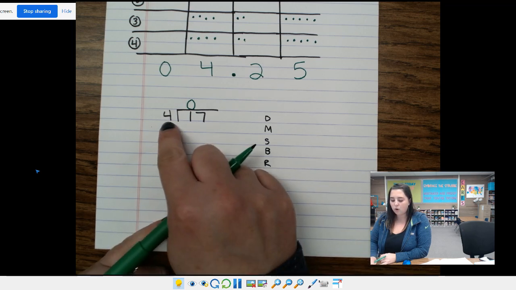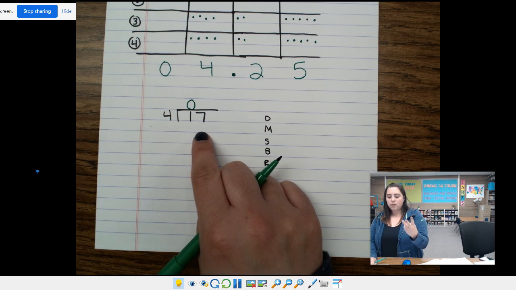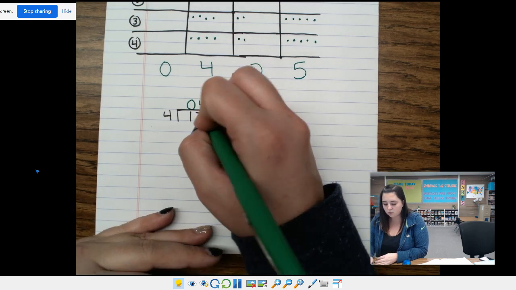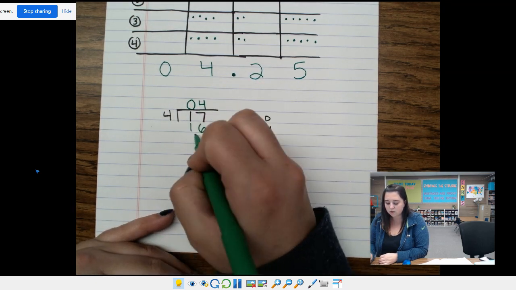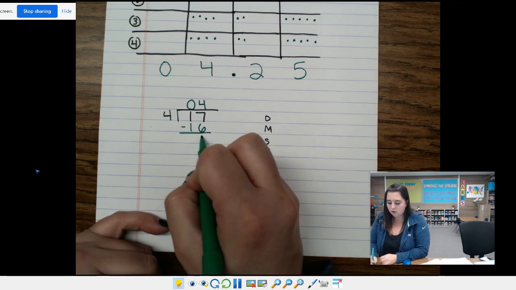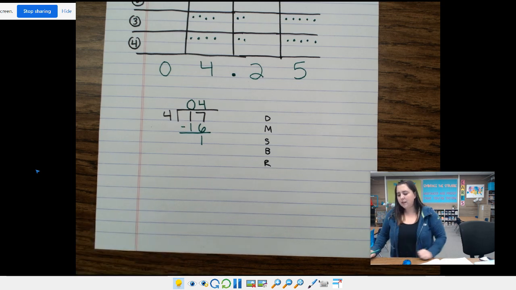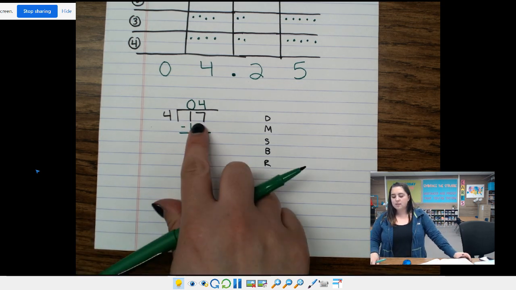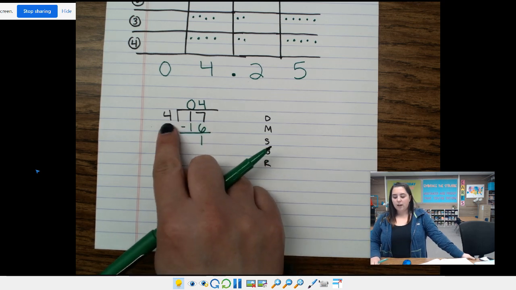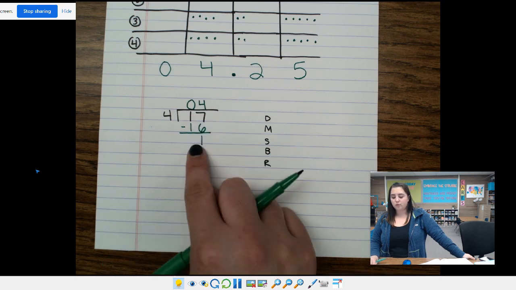How many times can 4 go into 17? 4, 8, 12, 16, 20. 20 is too much. So it must be 4 times, which was 16. 4 times 4 is 16. Subtract. 1. If this was money, does it make sense to say $17 divided by 4, everyone gets $4 remainder 1?